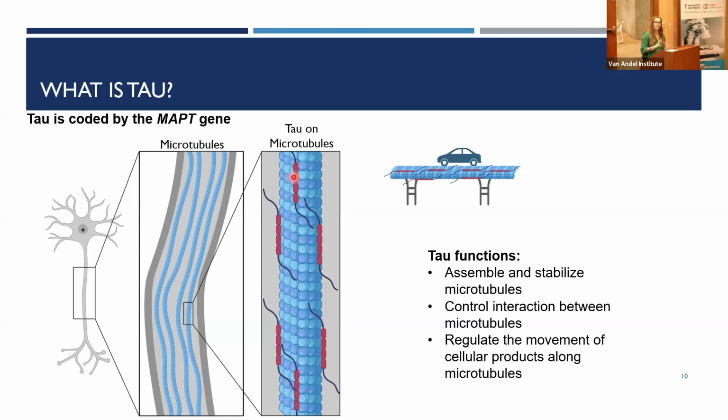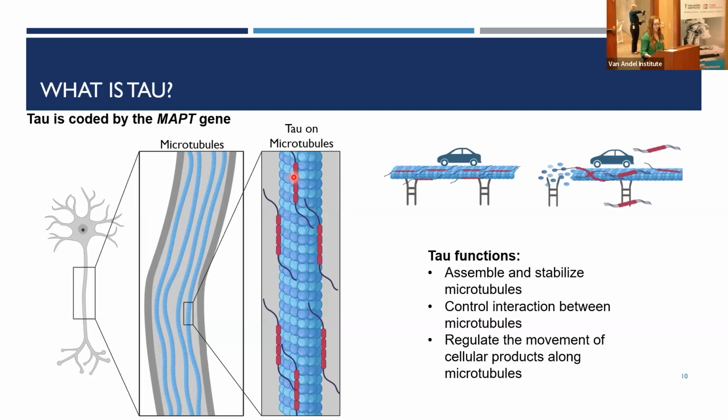So now that we know one of the biggest functions of tau, it's important to know how this is important in disease. And what happens in tau aggregation is that the tau will come off of the microtubules, and this is for reasons we really don't understand at this point.